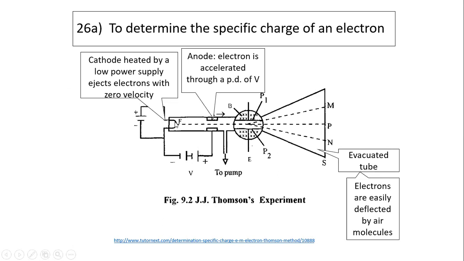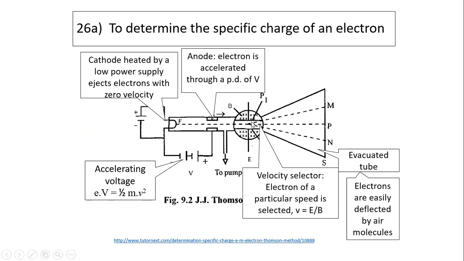Heat up the cathode, then electrons are ejected. Then this is your anode and cathode. There's an accelerating voltage to accelerate the electron, and the kinetic energy of the electron is given by eV, work done equals kinetic energy.